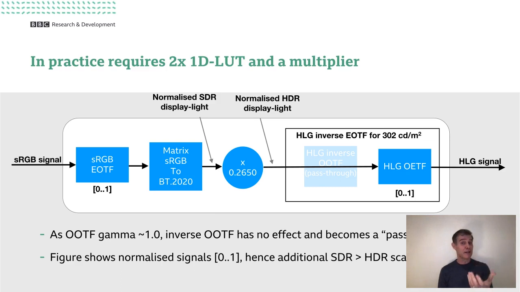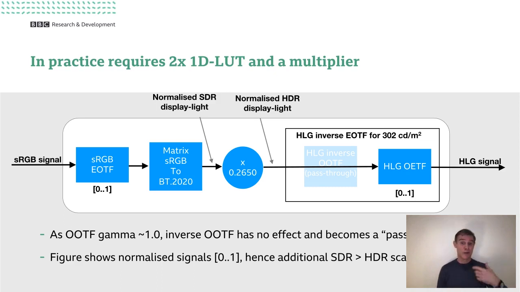Because that display gamma, or OOTF gamma rather, is so close to 1, the OOTF effectively becomes a pass-through. And that's good news, because otherwise that OOTF needs to be implemented in a 3D lookup table or special processing, because that OOTF gamma is applied on the luminance component, not the red, green and blue.